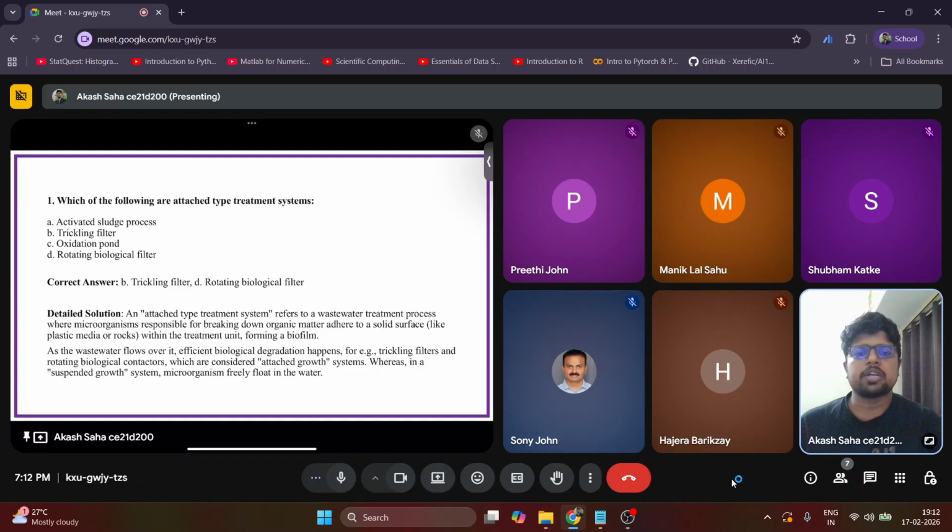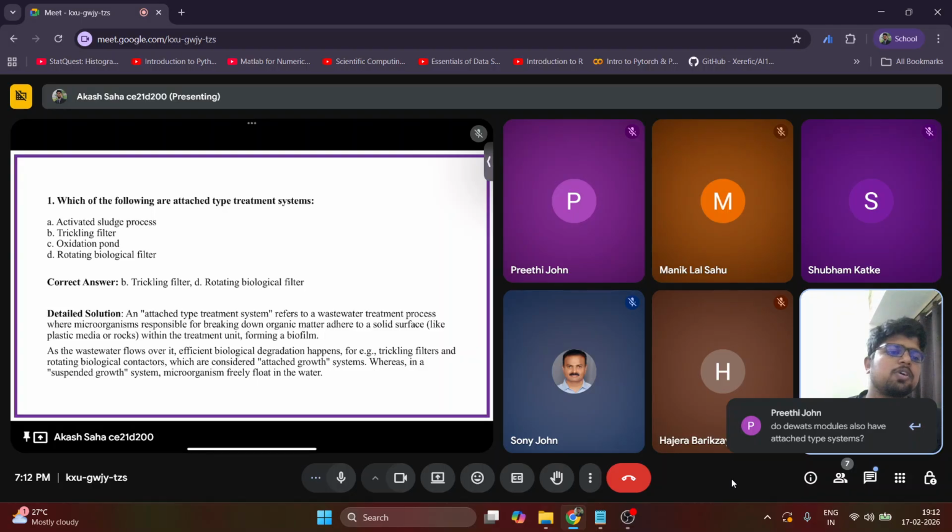It is not growing on any media. Whereas in an MBBR, in the same aeration tank, we put some media, like some plastic media, and on that the biofilm will grow and it will move freely. So it's a combination of an attached growth system with being in suspension. It's a modified version of the activated sludge process.